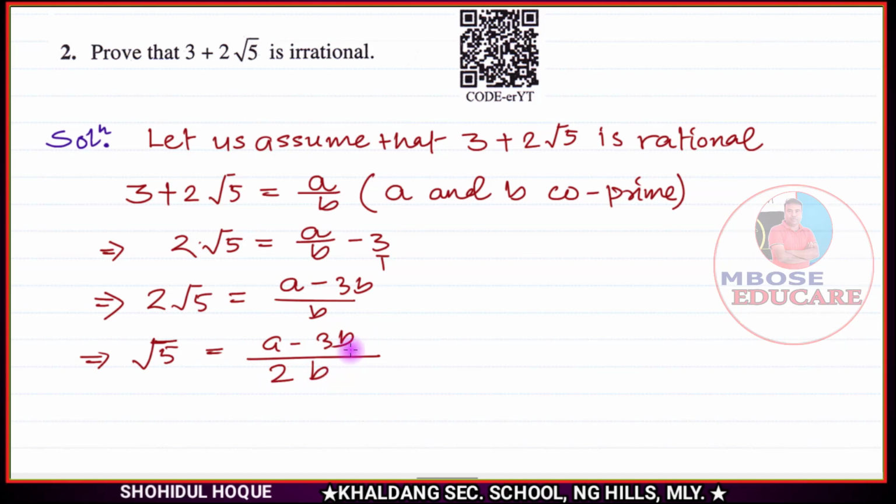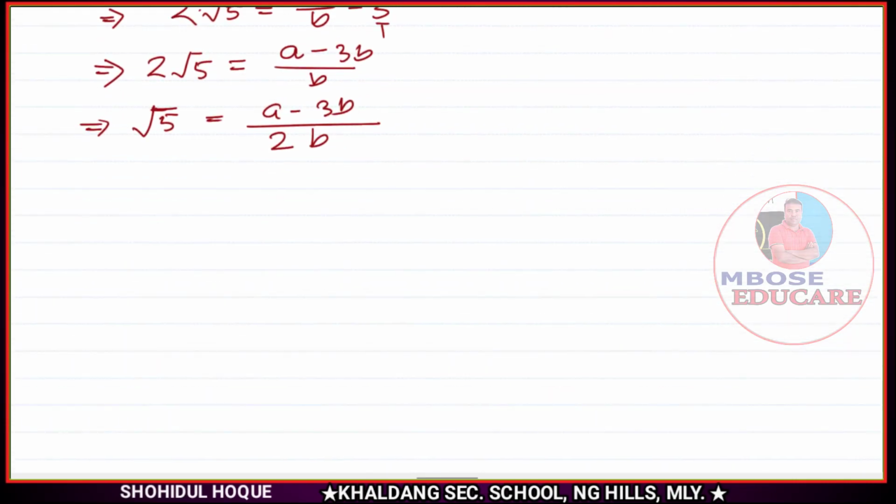Now this number we can see is in the form of A by B. That's why it is a rational number. We can write here A and B are integers. When A and B are integers, then this will be a fraction.